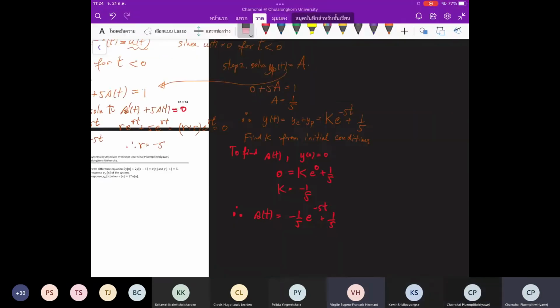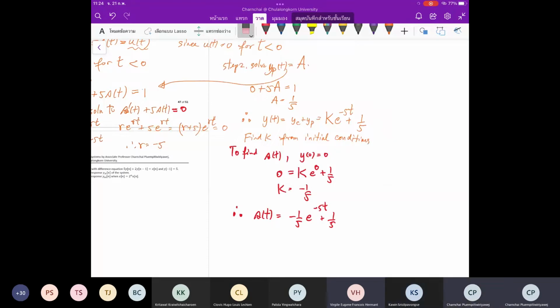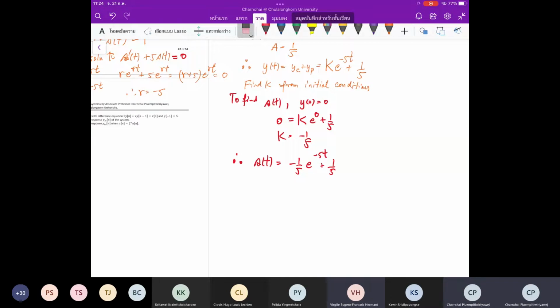Okay, and the next step to find the impulse response, we take the derivative with respect to t of the unit step response. What's the derivative with respect to t of the unit step response?